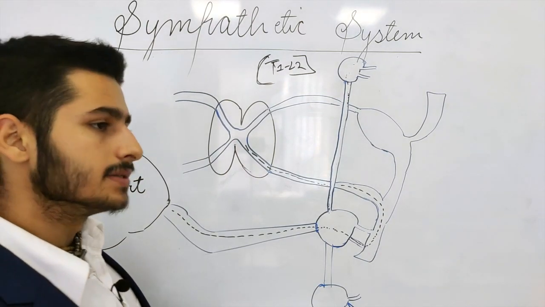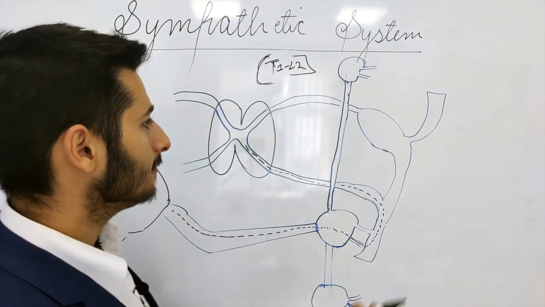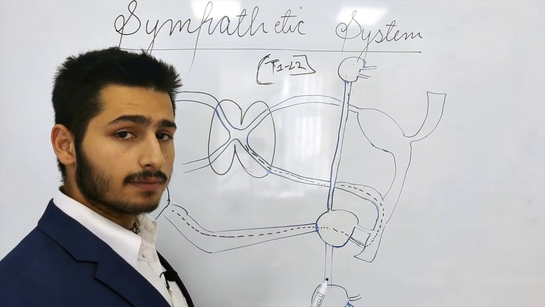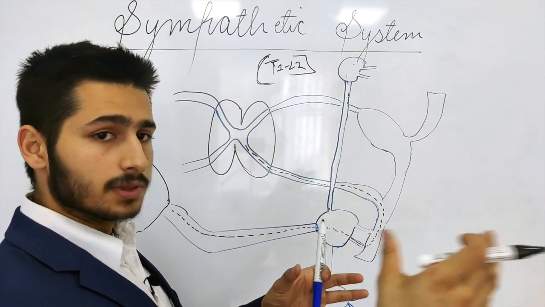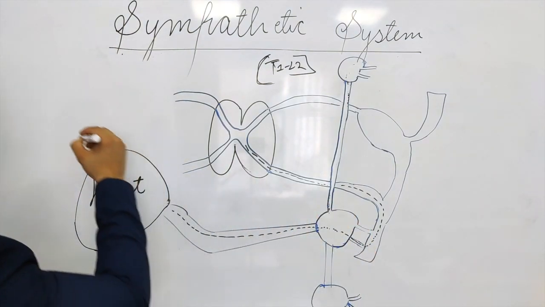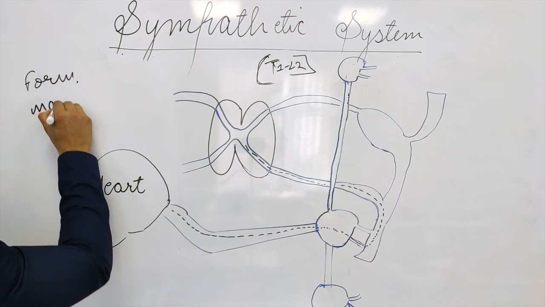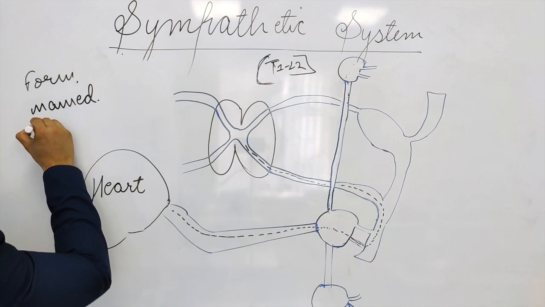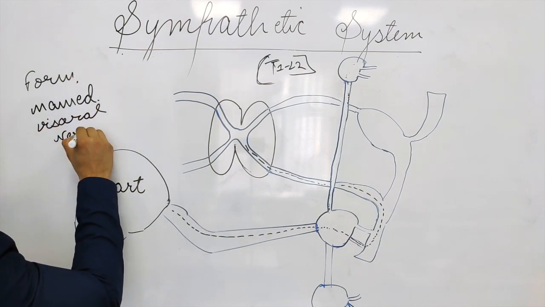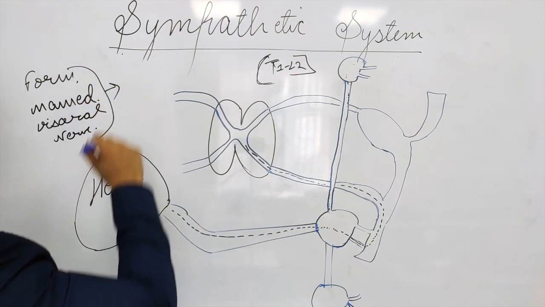Now sometimes these fibers may ascend in the trunk before synapsing, and after they synapse, they leave the trunk with other fibers from different levels, and they form named visceral nerves. For example, they form the cardiac nerves.